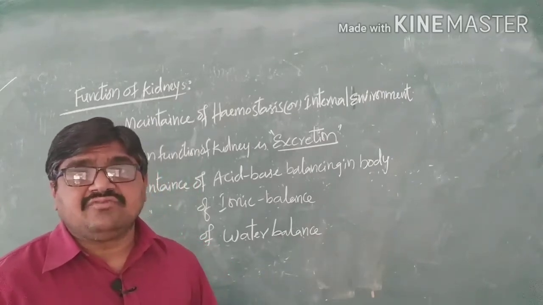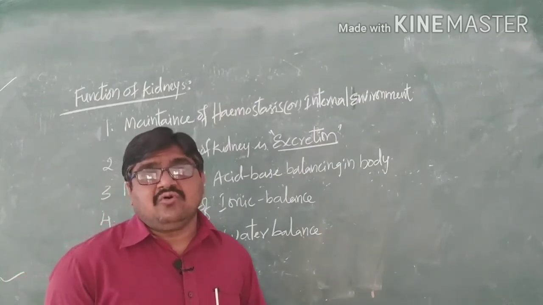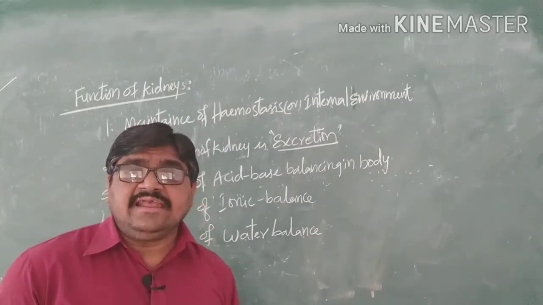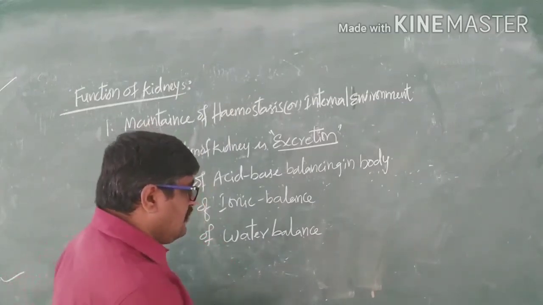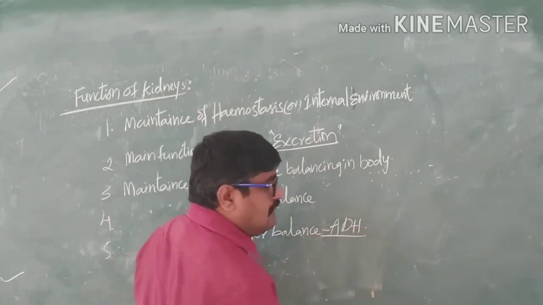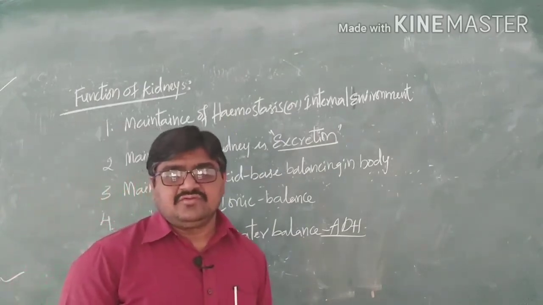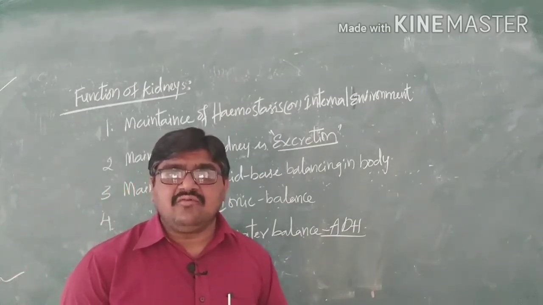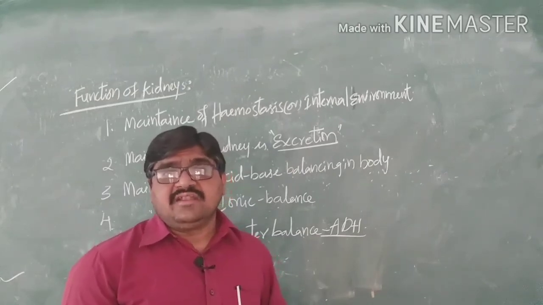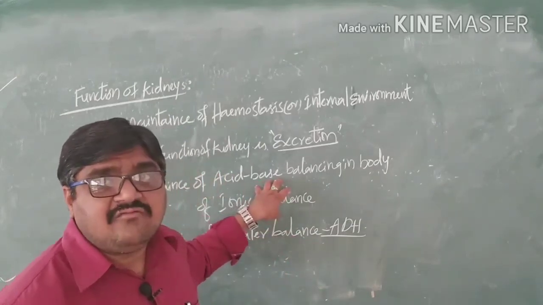That reabsorption mainly takes place by the hormone called ADH, antidiuretic hormone, or otherwise you can call this vasopressin also. So vasopressin or ADH hormone is helpful for reabsorption of water in the body, which is maintained by the kidneys.